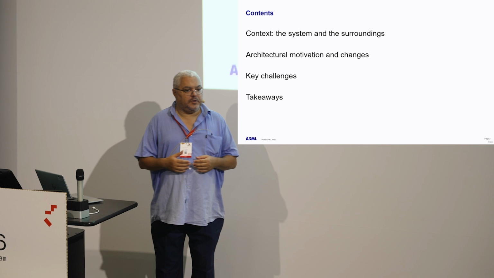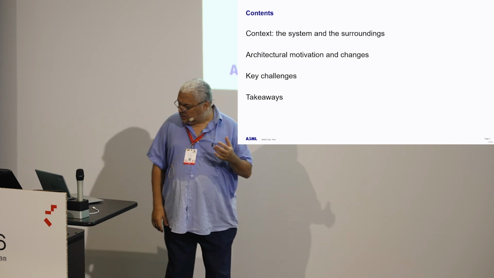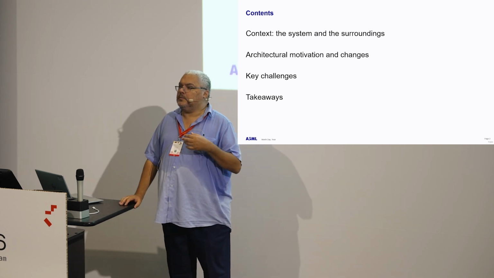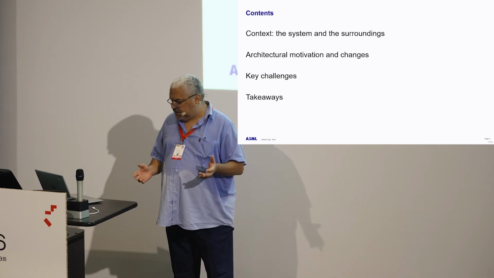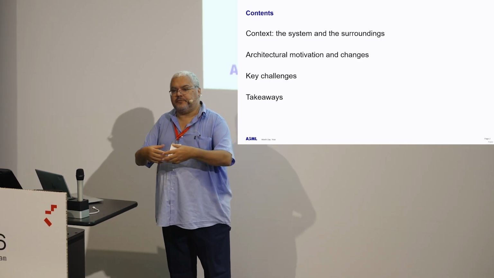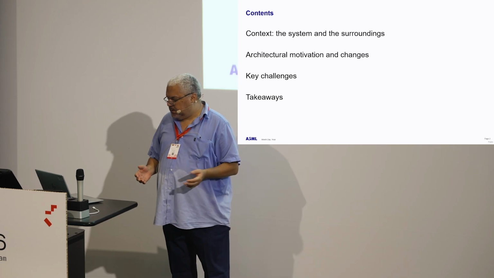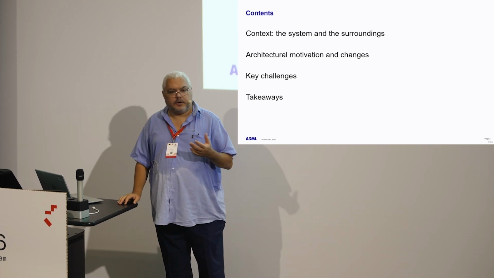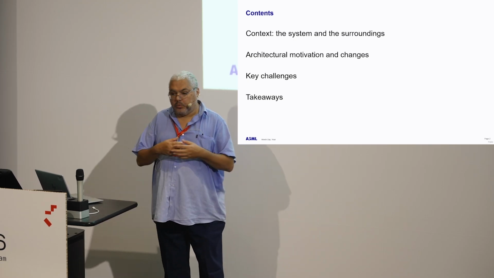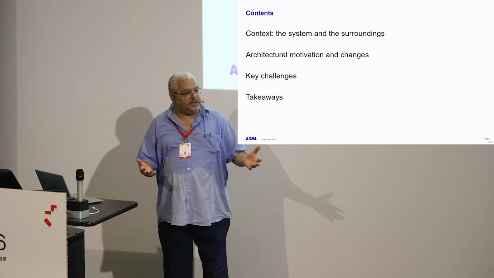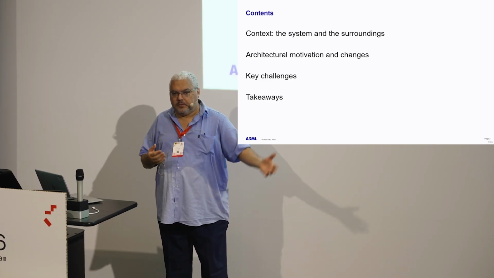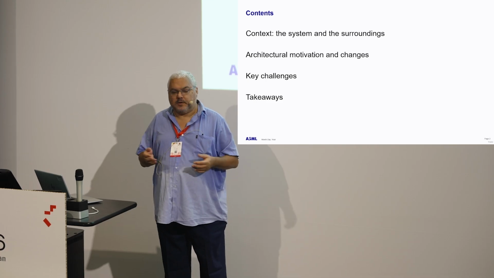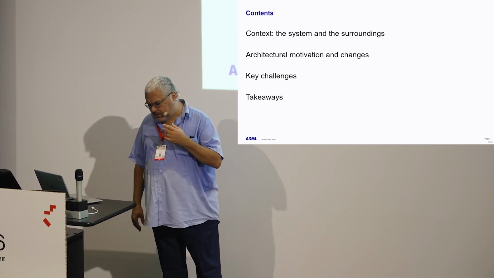To give an overview of what I'll be talking about today, I'll start with an introduction to the context. So I'll say a little bit about our machine and the surroundings, the environment in which it's being deployed. Then I'll look at the architectural motivation, what drove us to actually make a change to our systems, and a little bit of the history as to things we did in the past, things that didn't work out too well.